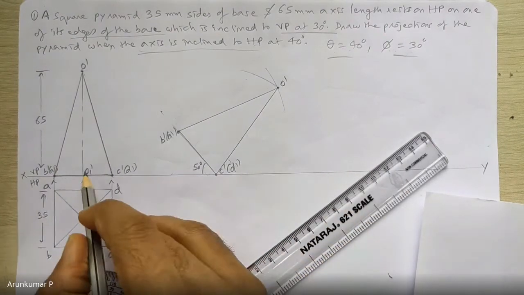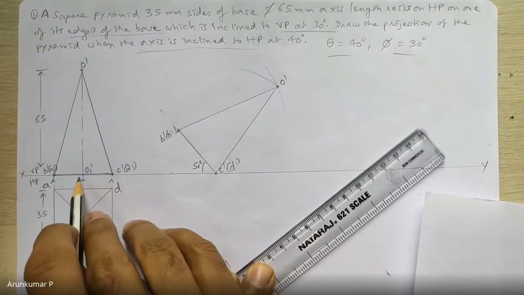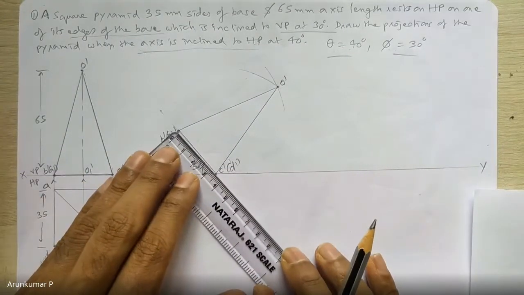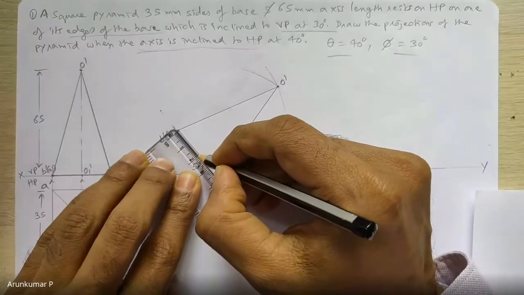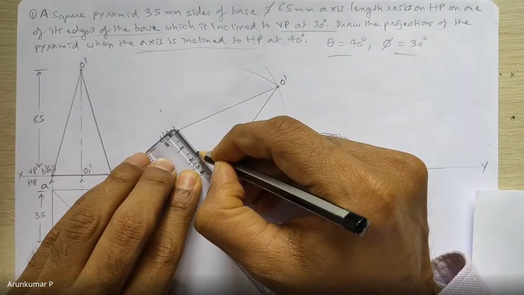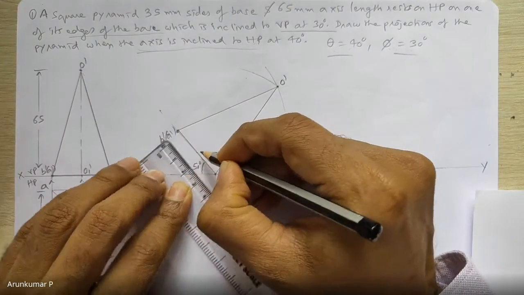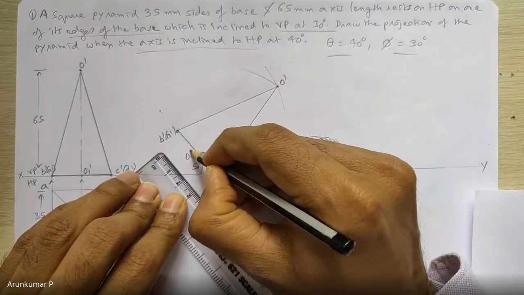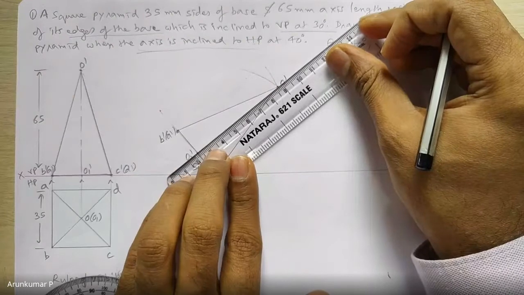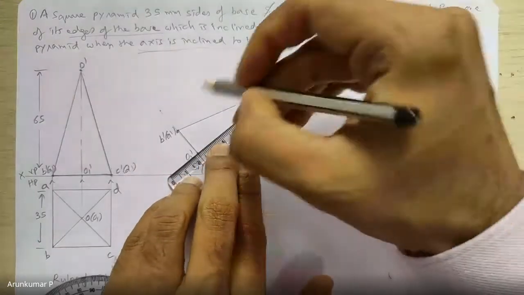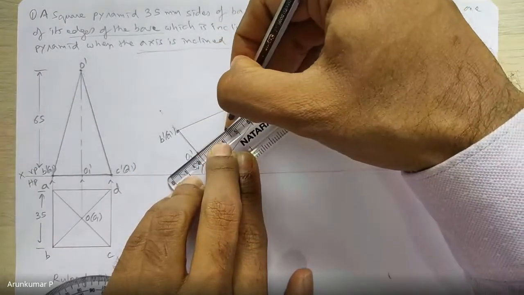Only thing is you have to locate O1 dash. O1 dash is the center. So you will be getting it at 17.5 mm, half of 35. So 17.5 is roughly somewhere here. So this is O1 dash. So now what you can do is you can join O dash and O1 dash by the axis line.